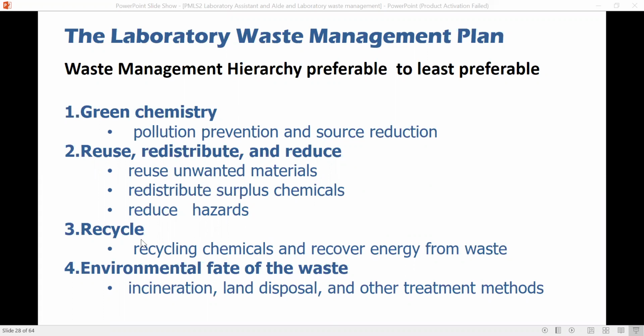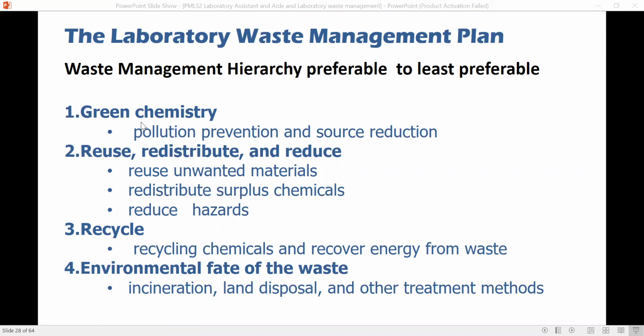According to your book, this is the waste management hierarchy, from most preferable to least preferable. This ranks waste management options according to what is best for the environment. What is good for the environment? Green chemistry.